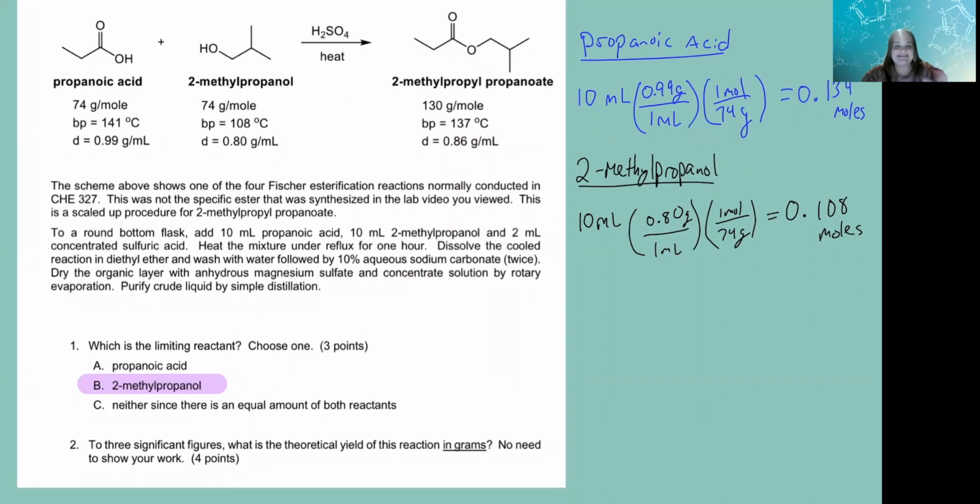Once you run out of gas, it's gone. Your car's not going to be able to move. You're just stuck. Think about that when you think about limiting reagents. The most amount of this product we can get is 0.108 moles. If my tank only has 5 miles left in it, I'm only driving 5 miles.